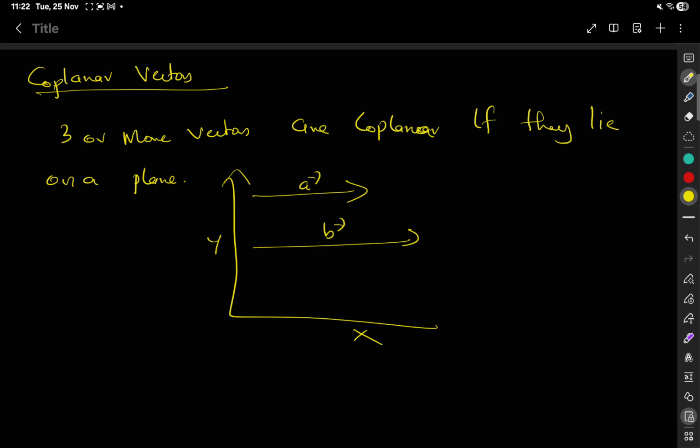Now you take this. Are they coplanar? Yes. Now assume this vector B is moved in the positive Z direction. I am talking about the upward direction. From this plane it is moving away.